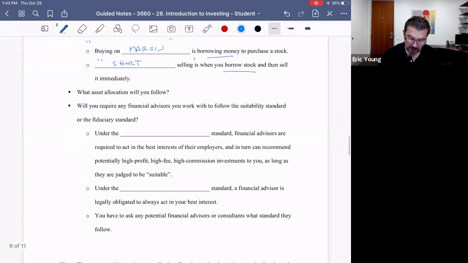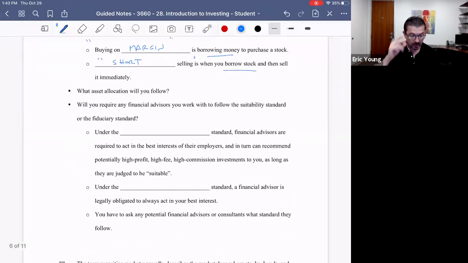There's people who have done extraordinarily well with margin investing and short selling. Those people are oftentimes professionals. Critically, for all the people that you hear about who did great in short selling and made millions in margin investing, you rarely hear about the people who got wiped out. And that's the trade-off.